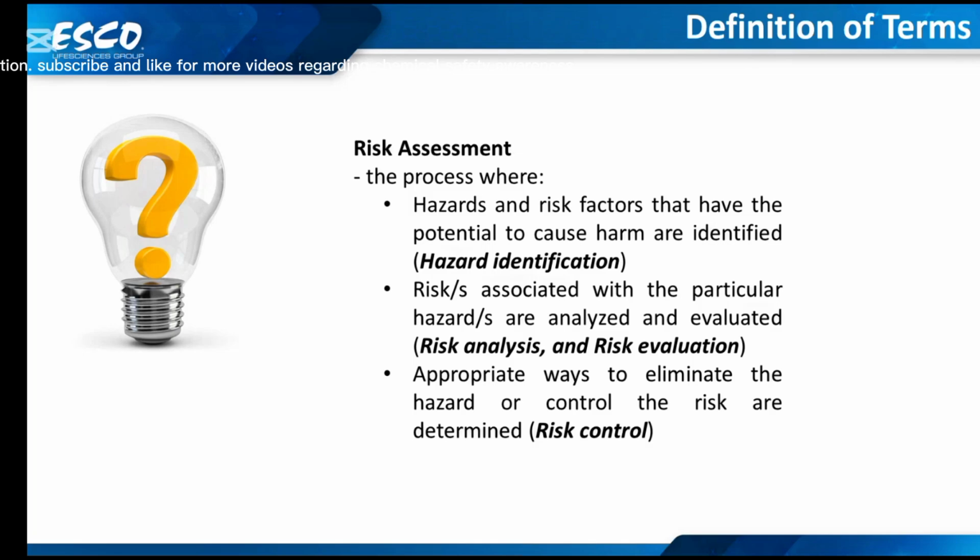That's the hazard identification. Then risks associated with the particular hazards are analyzed and evaluated. That's the process of risk analysis and risk evaluation. And then appropriate ways to eliminate the hazard or control the risk are determined. That's the risk control. Then the risk assessment is completed.